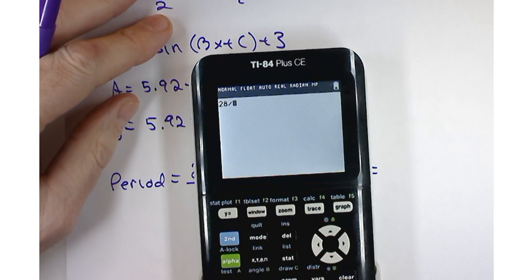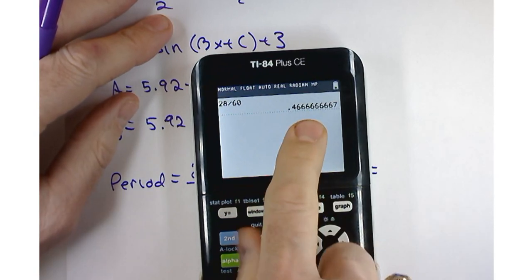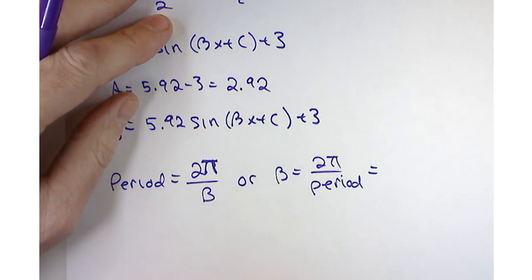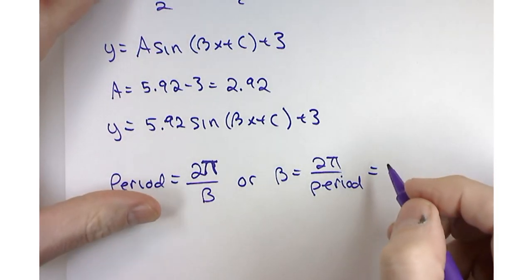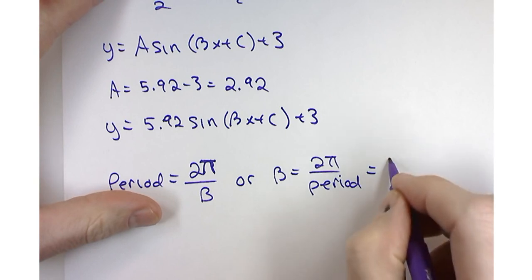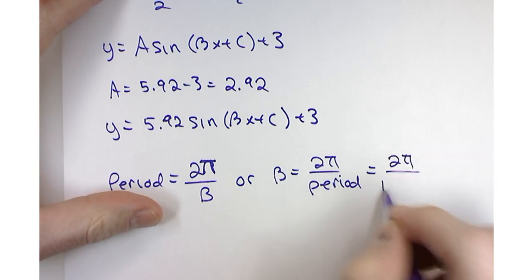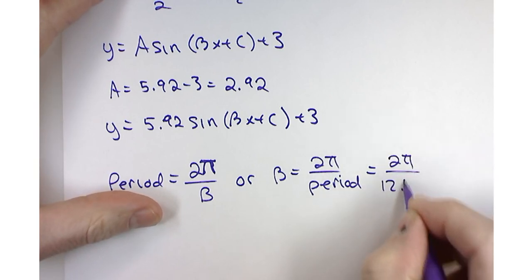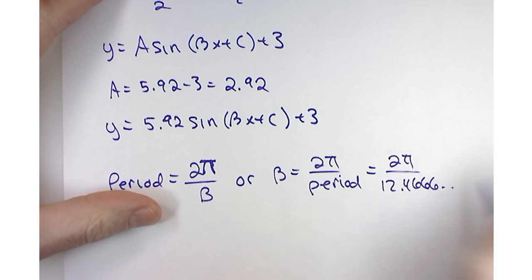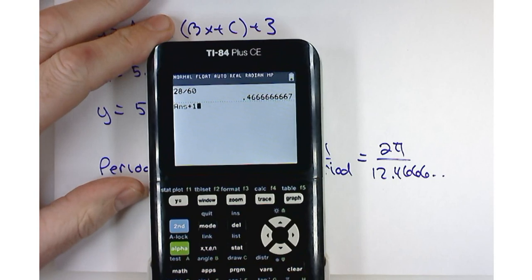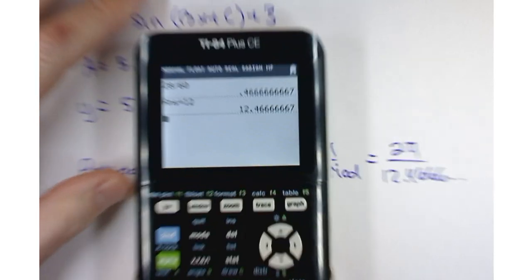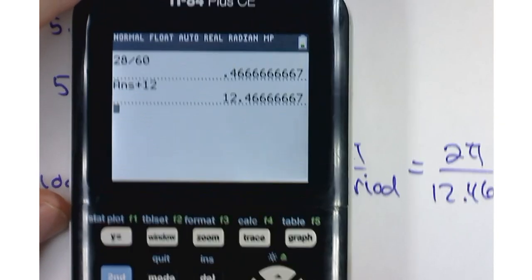28 divided by 60 is 0.466666 or 0.467. So 2 pi divided by 12.4666. I'll do it this way. Let me add 12 to that. And here's a little pro tip for you, a little cool thing you can do.